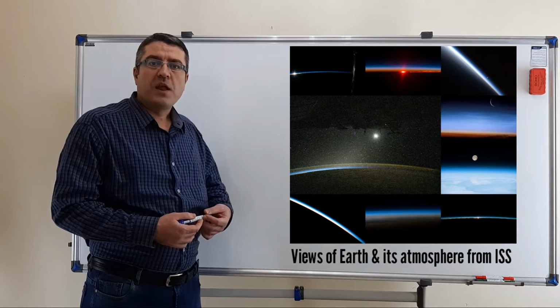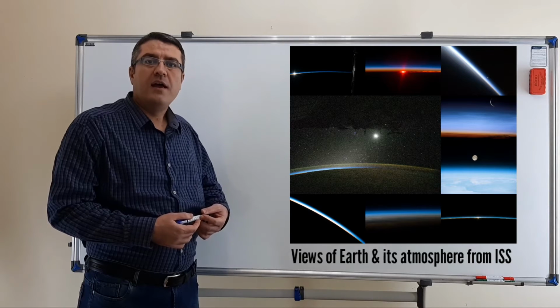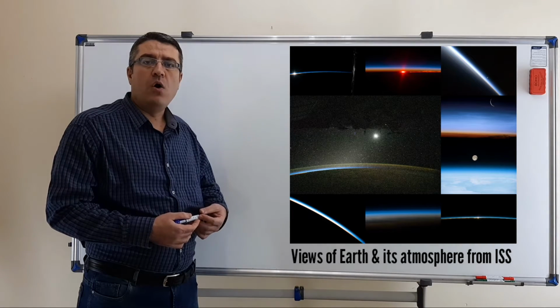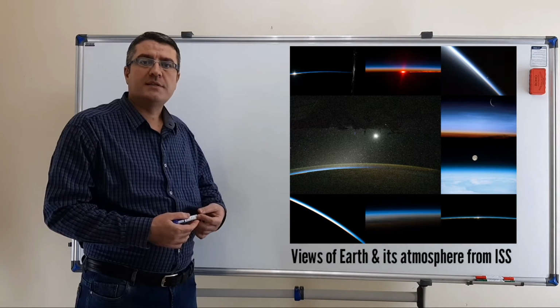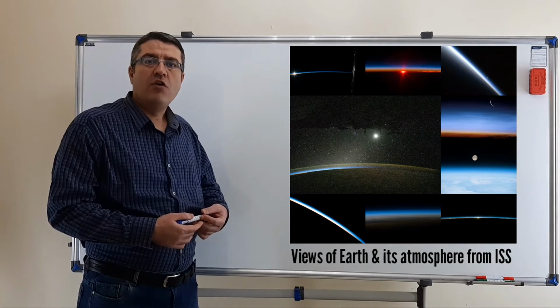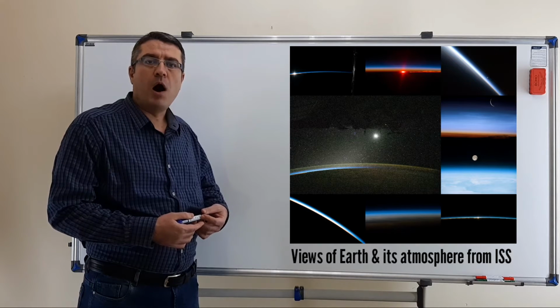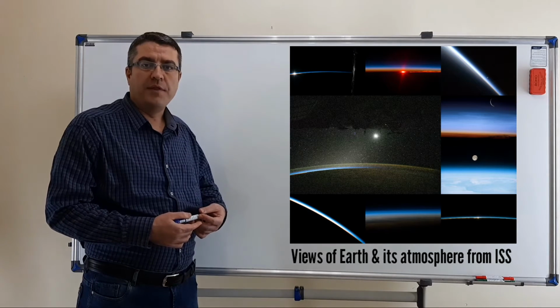But anyway, 90% of the mass of Earth's atmosphere is found below an altitude of 16 kilometers and less than 1 part per million of its mass is above an altitude of 100 kilometers.